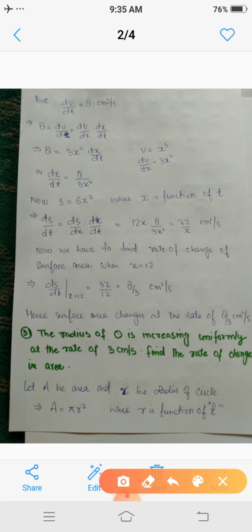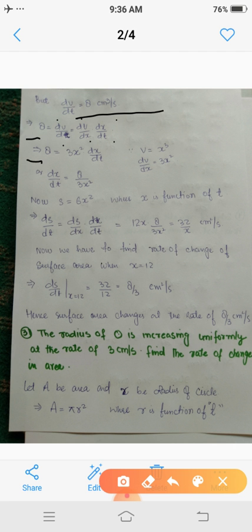Now the rate of change of volume means that dV by dt is 8 centimeter cube per second, or 8 equals dV by dt equals dV by dx into dx by dt, where dV by dx is the rate of change of volume with respect to distance, and x depends upon t, that is, length depends upon the time.